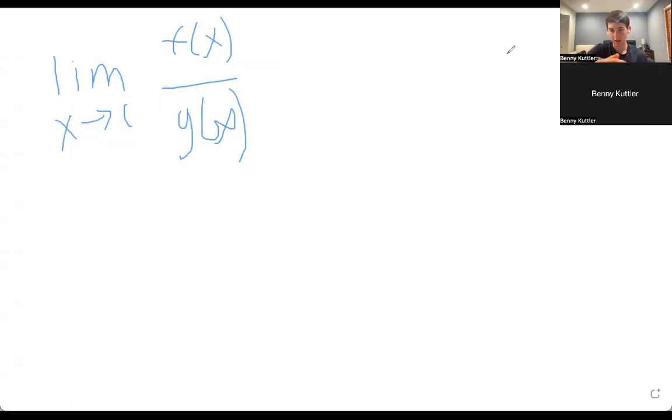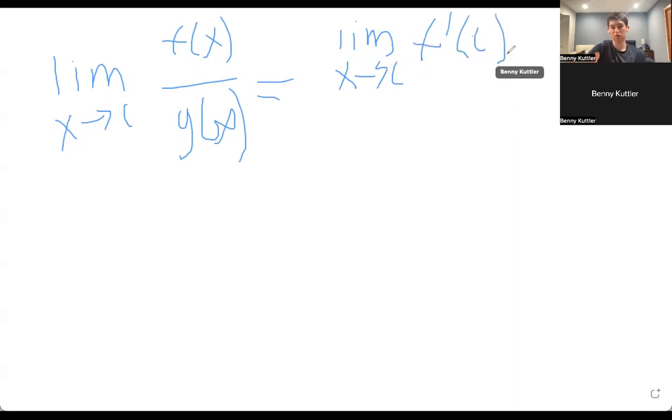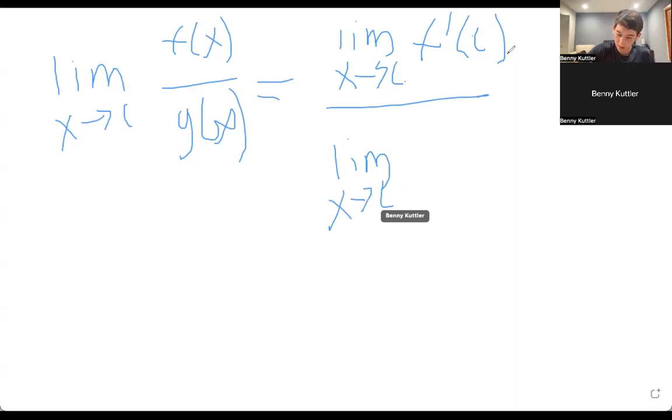It's just some set of values of x on the top and some set of x values on the bottom. Then this limit equals the limit as x approaches c of the derivative of f on the top, over the limit as x approaches c of g prime of x.